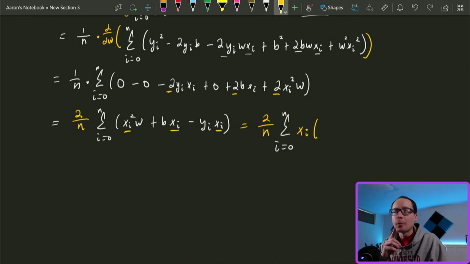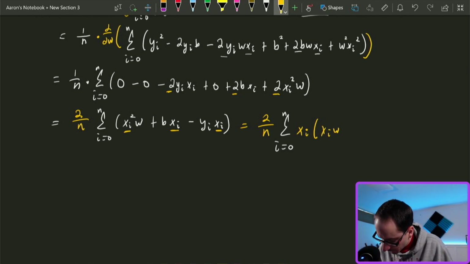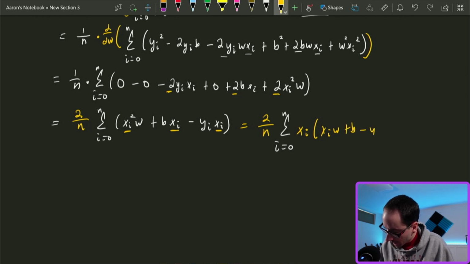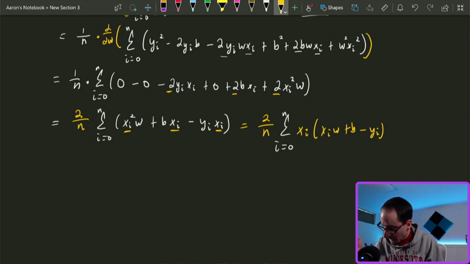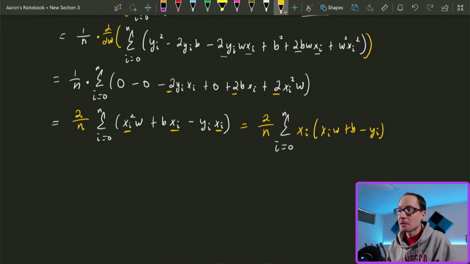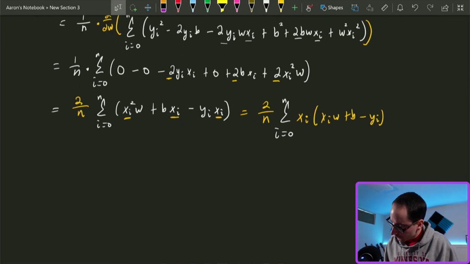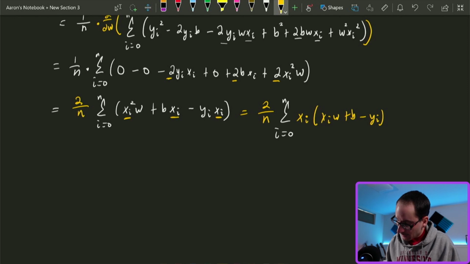And that's going to leave me with what? xi w plus b minus yi. And you might not see it yet, or maybe you do. I didn't see it, but if I reverse the order of the subtraction inside of this, I'm going to factor out a -1 across the board.